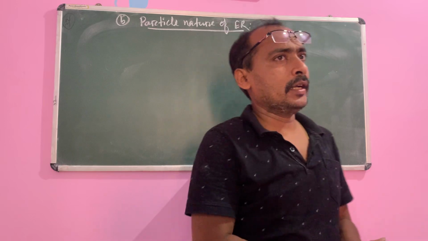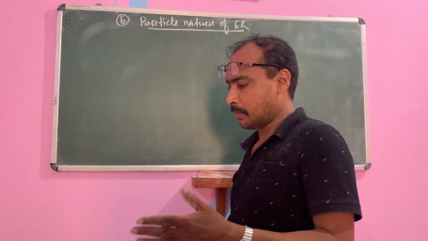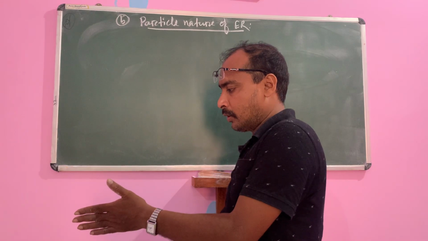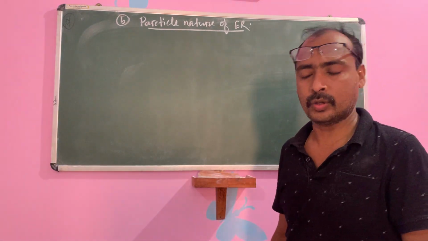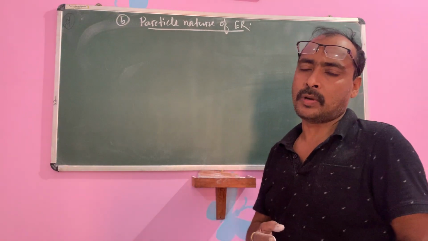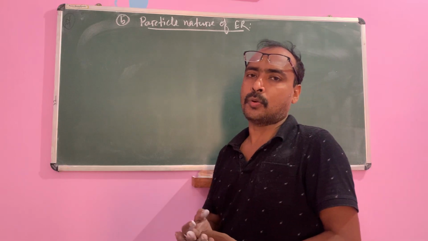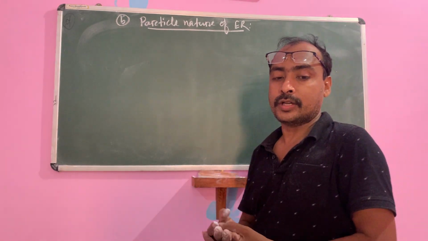Children, particle nature means one particle bombarded with another particle, bombarded with another particle, like this, and it is transferring. That is known as particle nature. Again, particle nature has 4 types: the first one is black body radiation, second is photoelectric effect, third is heat capacity, and fourth is line spectra.